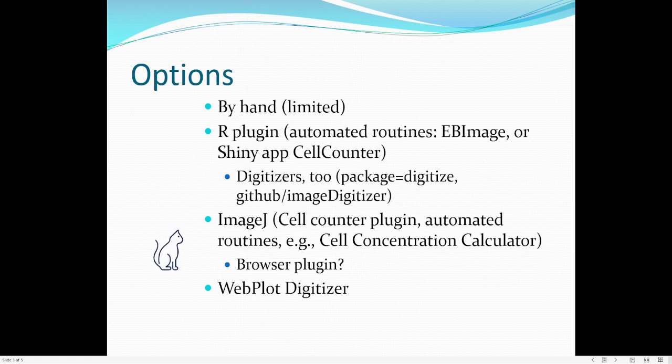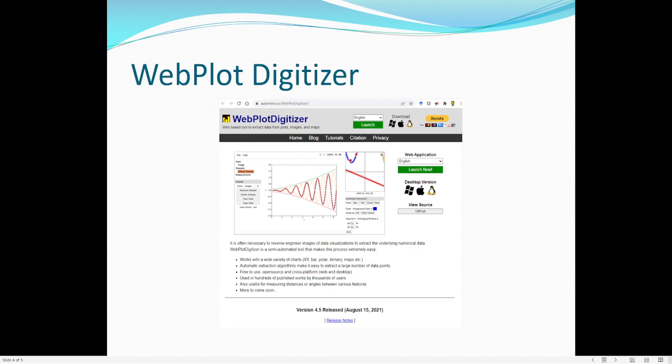So, okay, I've got my pointer. We're going to demonstrate how to do counting kinds of data off of an image using the WebPlotDigitizer. WebPlot, that means it's on the web, right? This is their home page, so let's go ahead and go online.